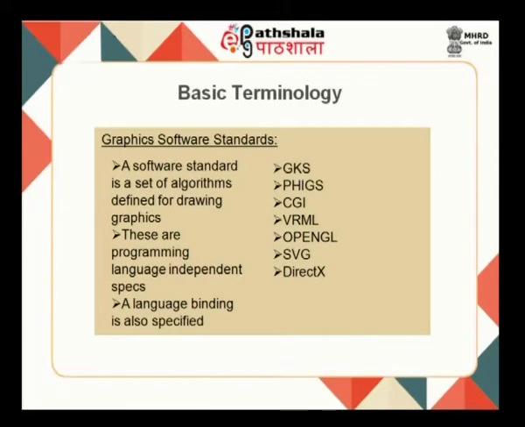A set of software standards is basically a set of algorithms, and some pseudocode is always available, and you can integrate a standard with one of the popular programming languages.